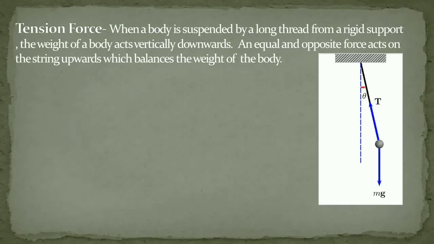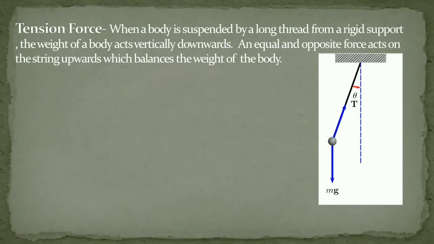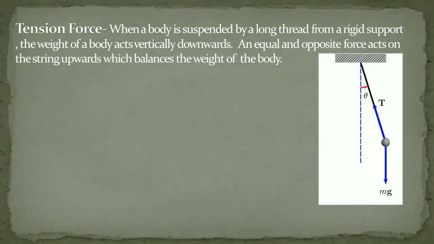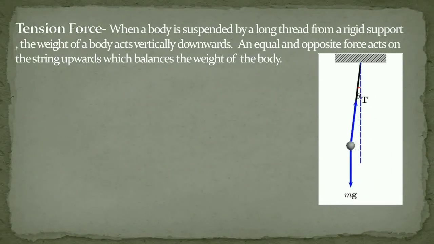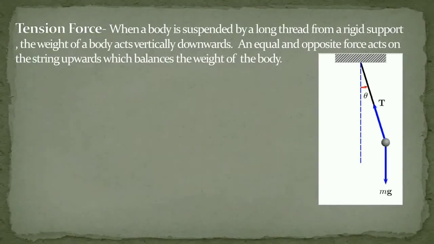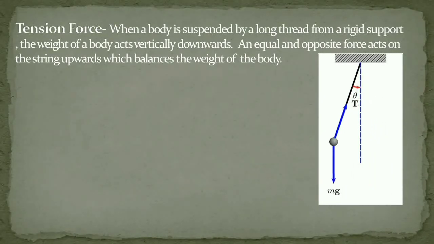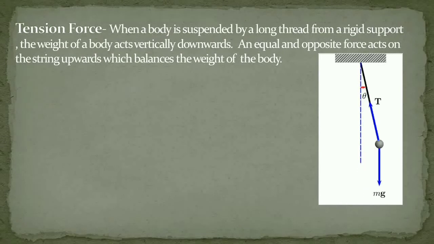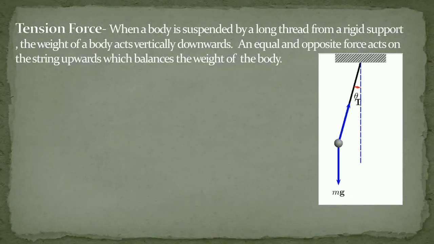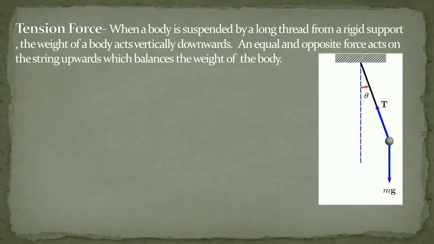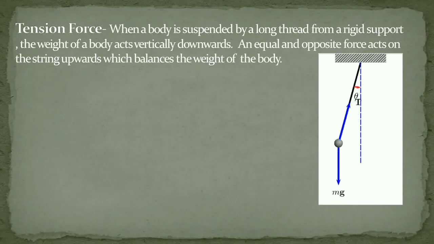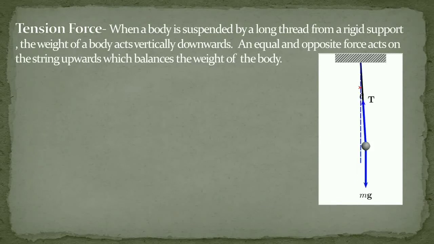Clear? The tension in a string is the same everywhere if the string is massless. Clear? And it always acts on a string towards the point from which the string is suspended. You can see here in that animated picture, which is showing the tension force.